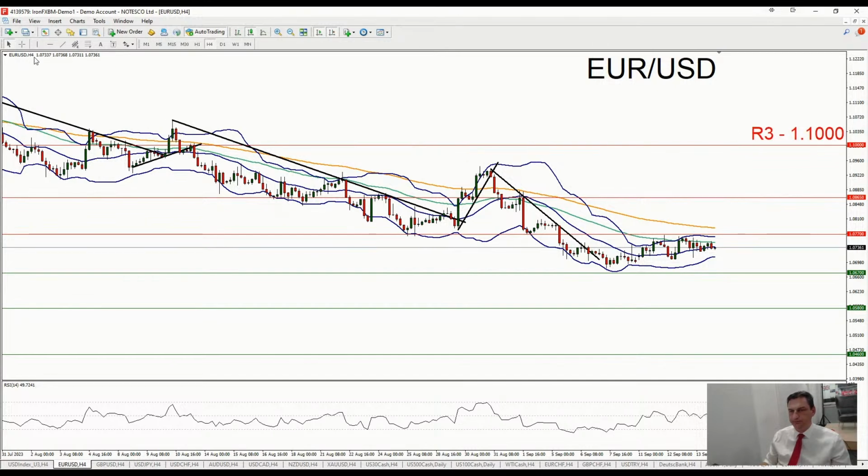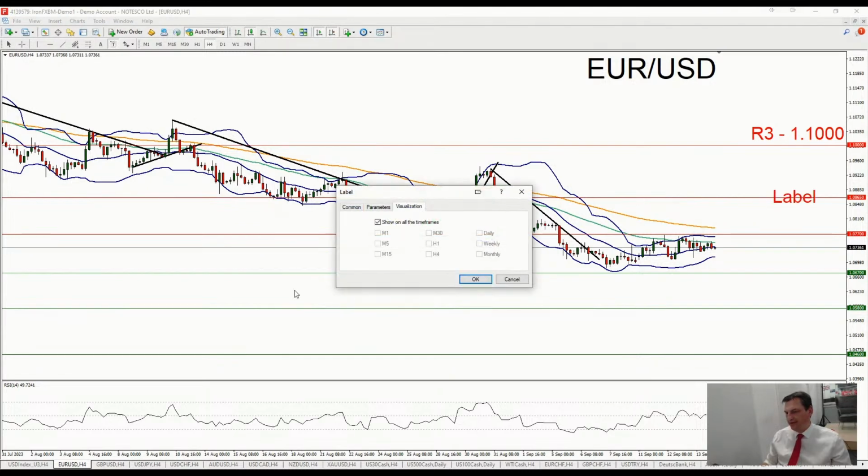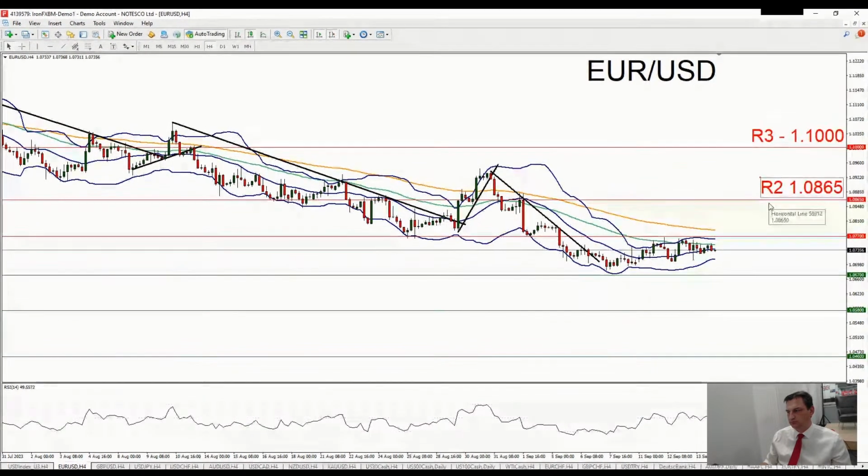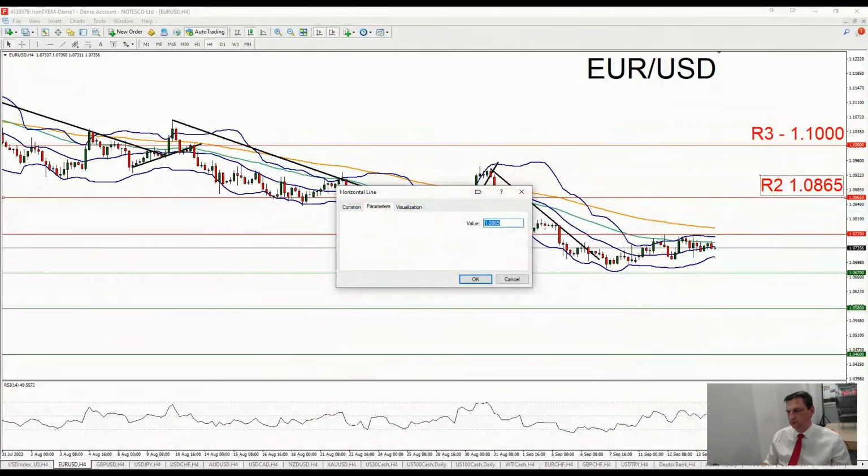There we go. Second resistance line at 1.0865. Let's verify that. Yep.